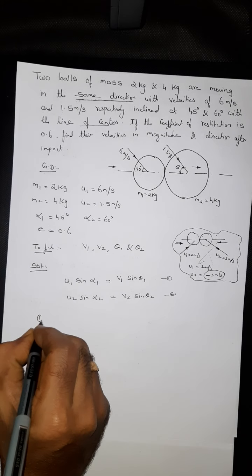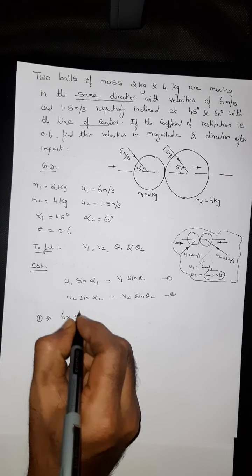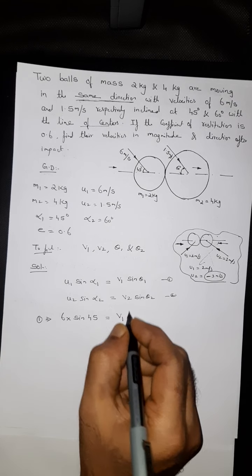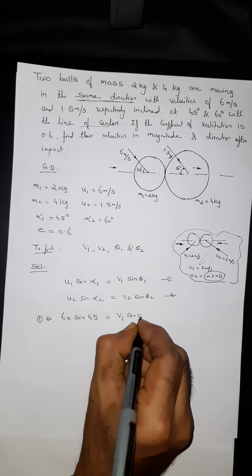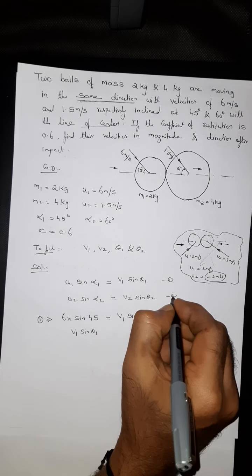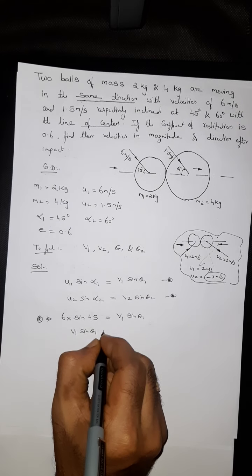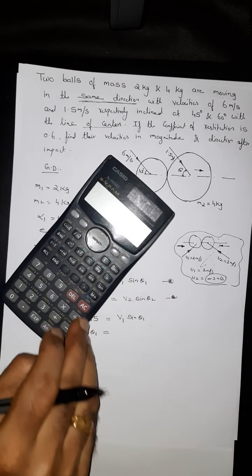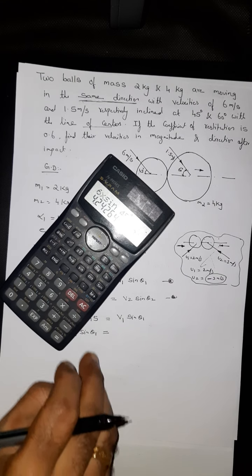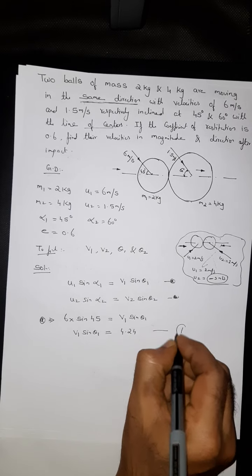The first one becomes u1 is 6 into sine alpha 1, which is 45 degree, equal to v1 sine theta 1, where v1 and theta 1 are unknown. So v1 sine theta 1 equals 6 into sine 45, which is 4.24, equation number 1.